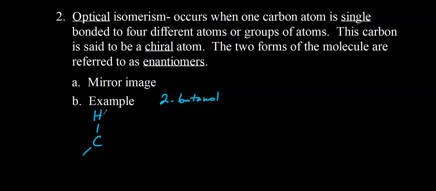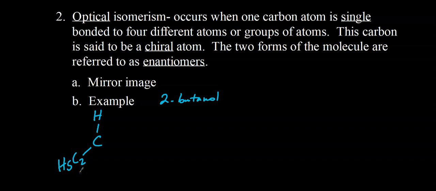The bonds that are in the same plane are shown with just regular lines. And I'm going to write this as C2H5. I don't know if that's the best way to show it, but that's how I'm going to show it here. We could write H5C2.